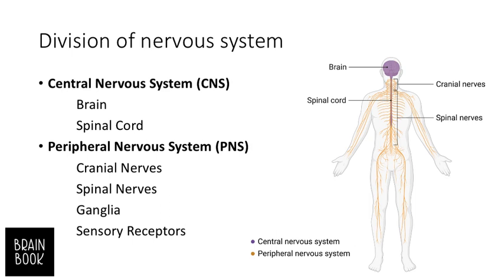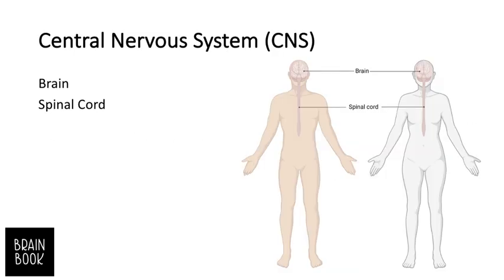And the peripheral nervous system is divided into four groups: the cranial nerves, spinal nerves, ganglia, and sensory receptors. And here in the right part of the image, you can see the brain and spinal cord, which are the CNS, and the cranial nerves, spinal nerves, and sensory receptors, which are called PNS.